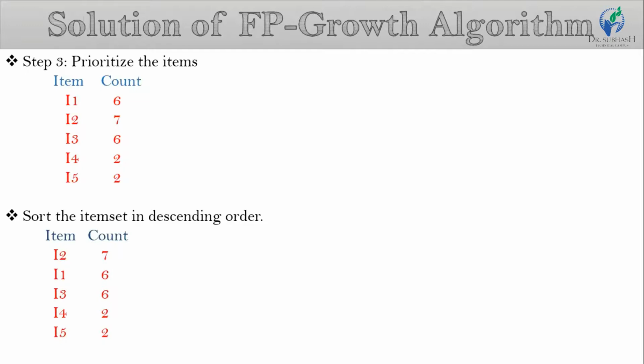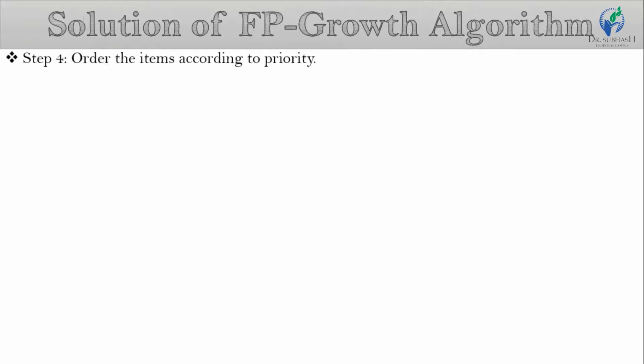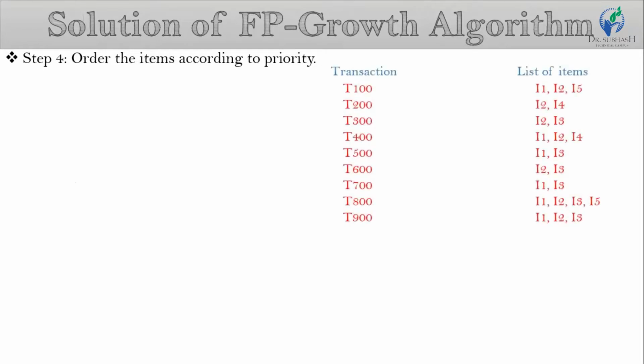Now, the next step is to order the items in the table according to priority. All the items are ordered according to the priority mentioned in the earlier steps.